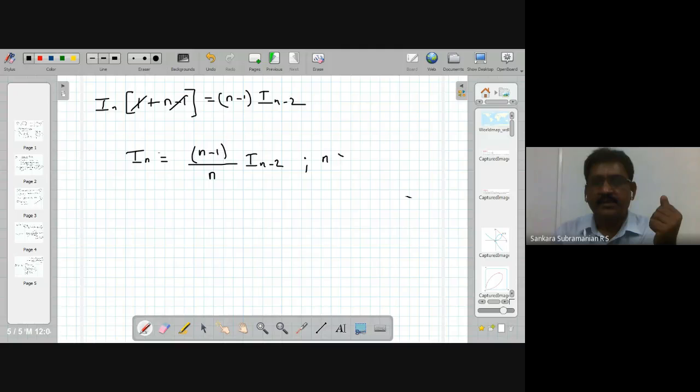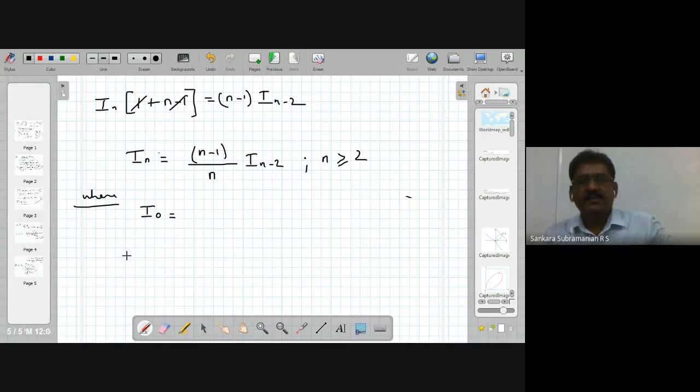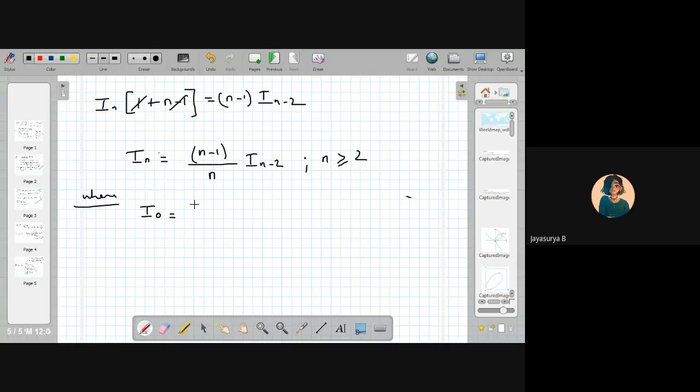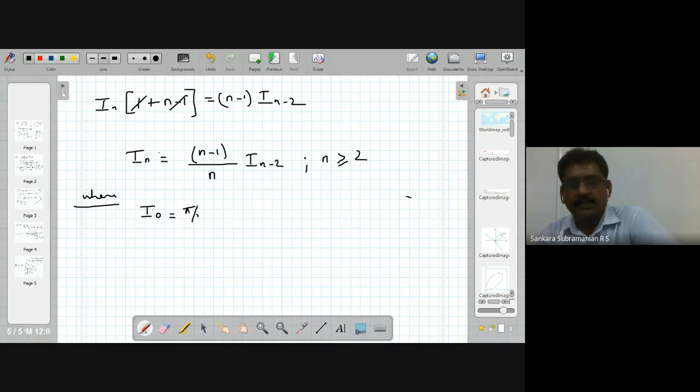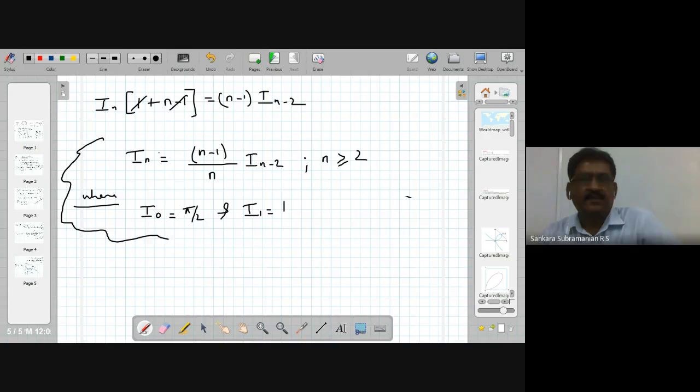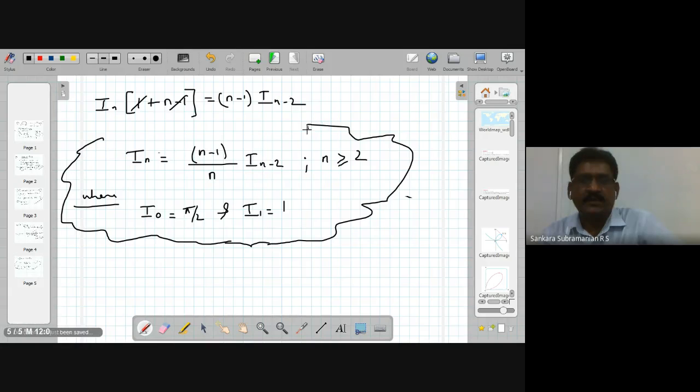N must be greater than or equal to 0, where if I go with I naught, what is the value for I naught? Please tell me. I naught equal to? Thank you. And what is I1? Pi by 2. Yes. So this is the reduction formula we are discussing about.